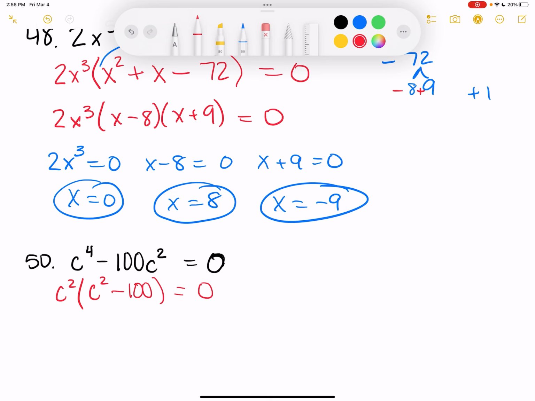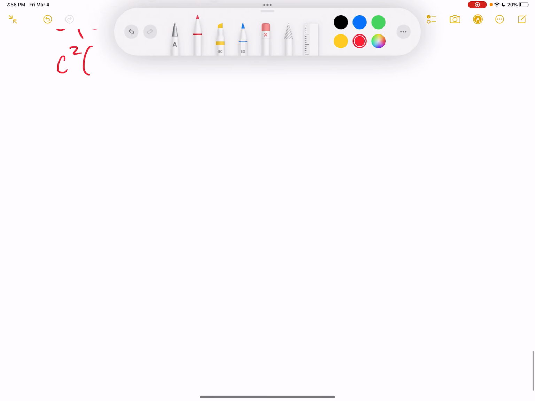James would say, difference of squares. 50 squared is 100. 2 squared is... c minus 100... no, 10 squared is 100. So c minus 10 and c plus 10. Ah, I was so right.